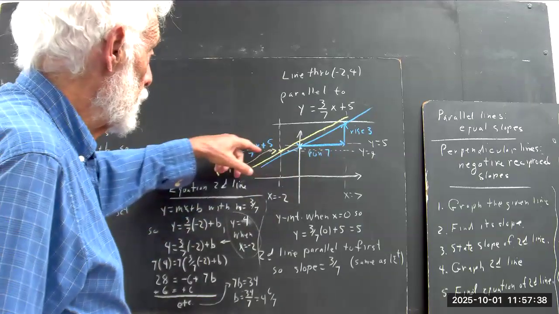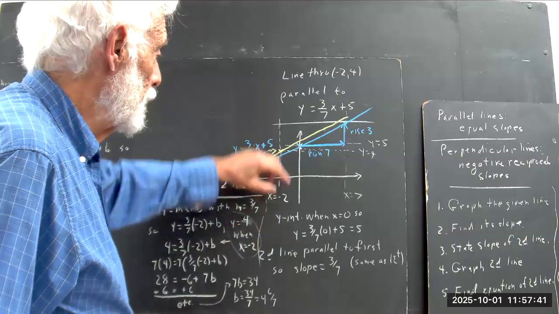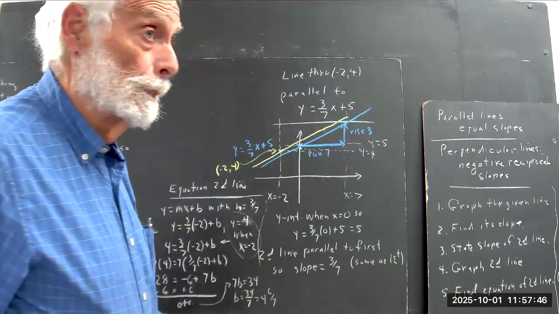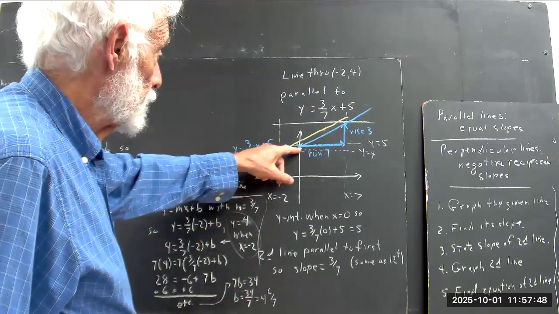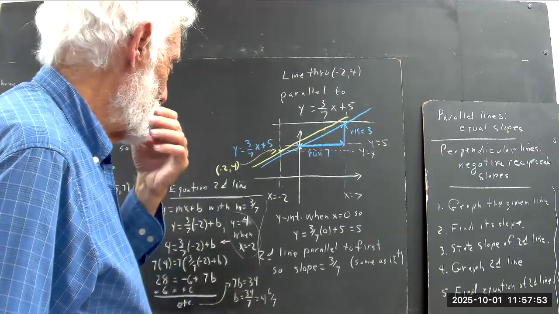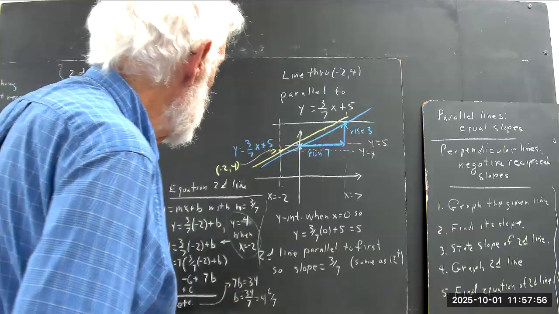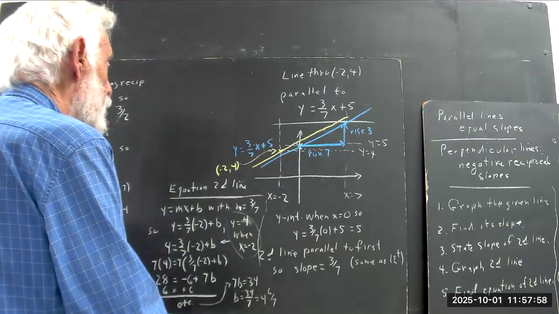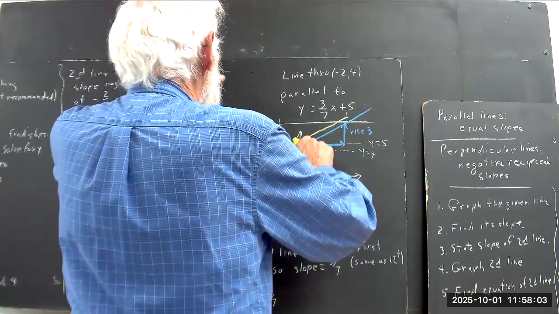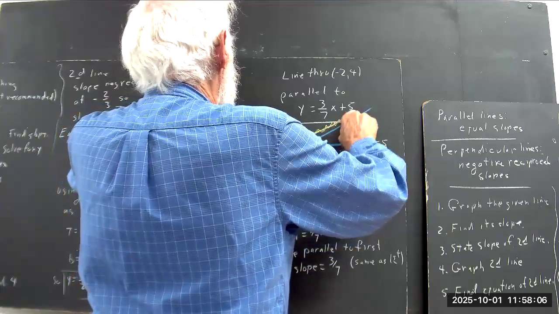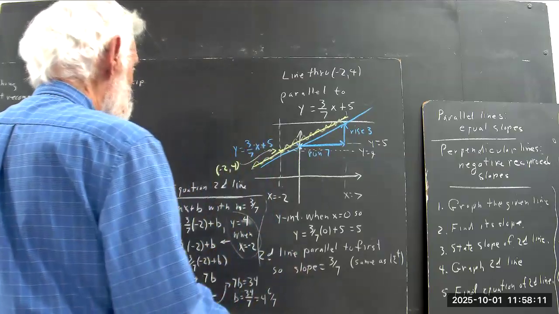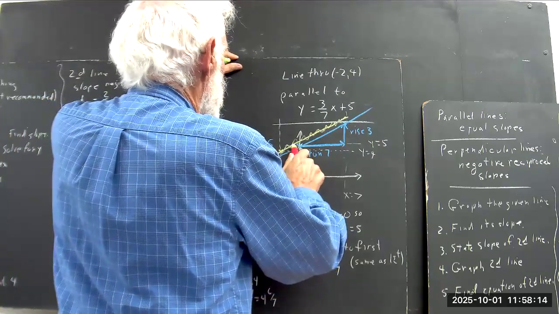When I estimated my y equals 4 and my x equals -2, the -2 is probably a little too big, and the 4 should have been a little bit lower, which would have made the y-intercept here just a little bit lower than this, but it's very close. So I just kind of wave out that line and say, you know, that line really should have been down about here.